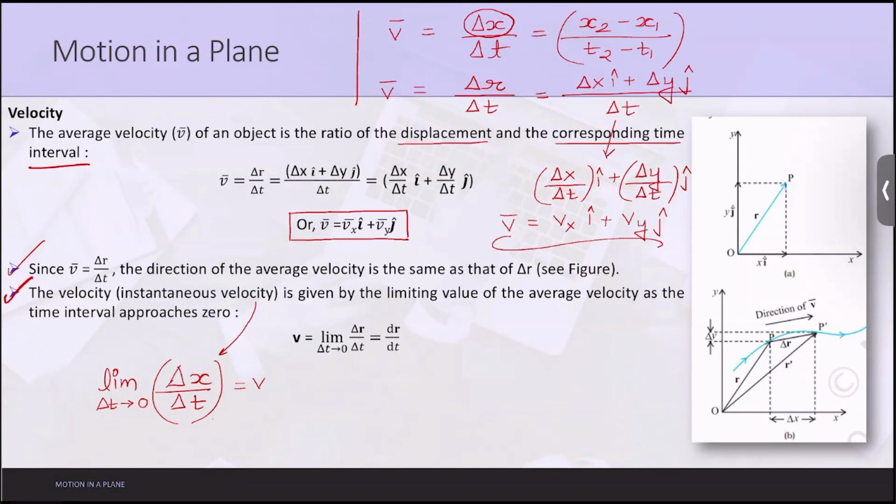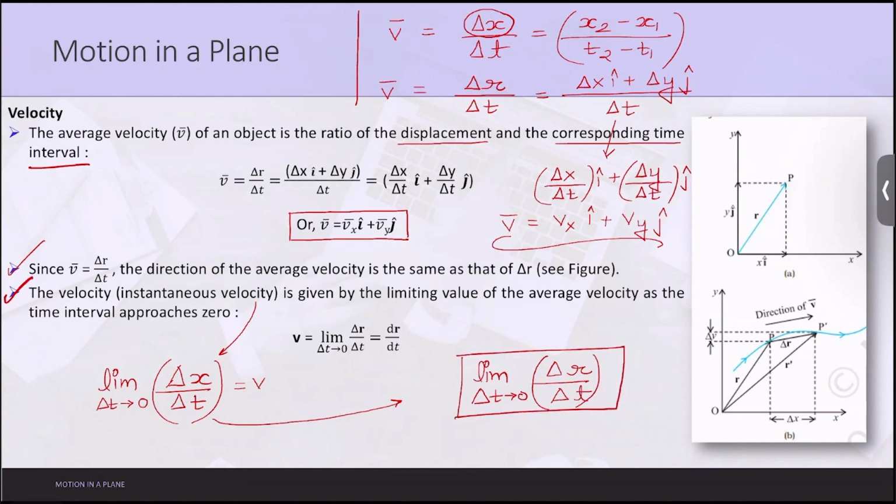Okay. If you need to expand this concept into 2D, what was the velocity which we calculated? That was equal to change in the position vector over change in time. If you need to calculate the instantaneous velocity here, we will just put the value of delta t very, very close to 0. So that is the expression which we obtain for instantaneous velocity.